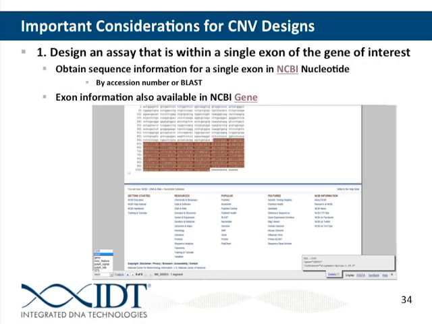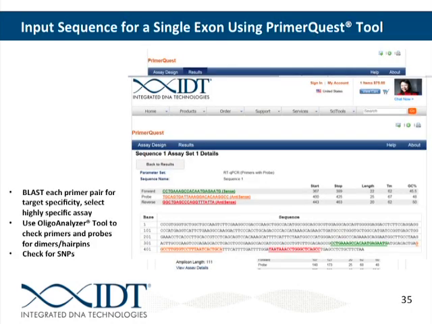for CNV. Another way to get this same sequence would be gene, and it's really handy. You can change the display settings here from full report to gene table.